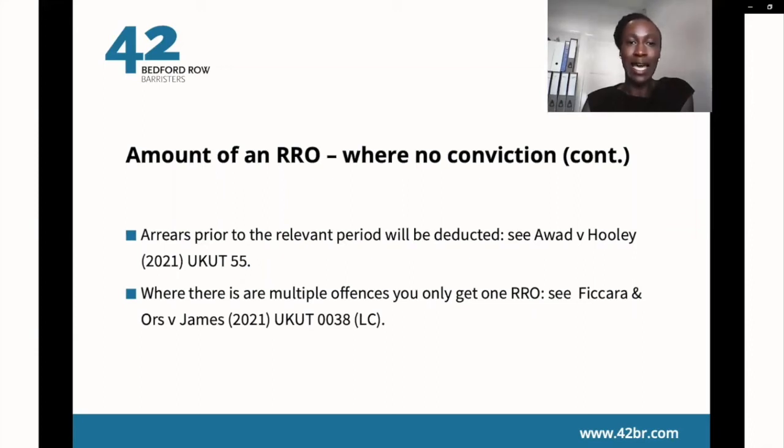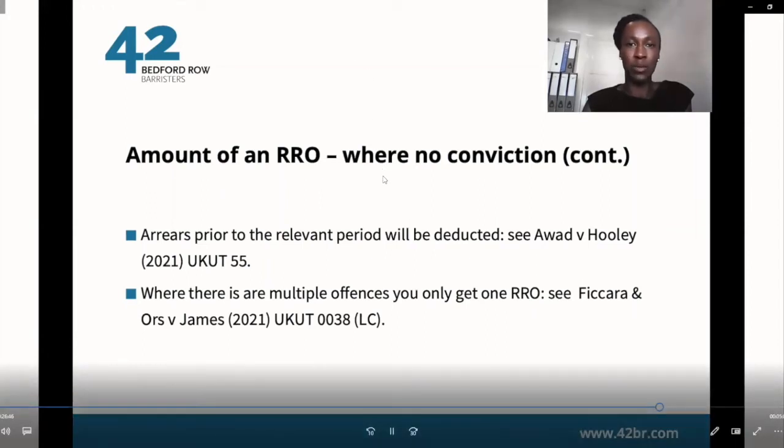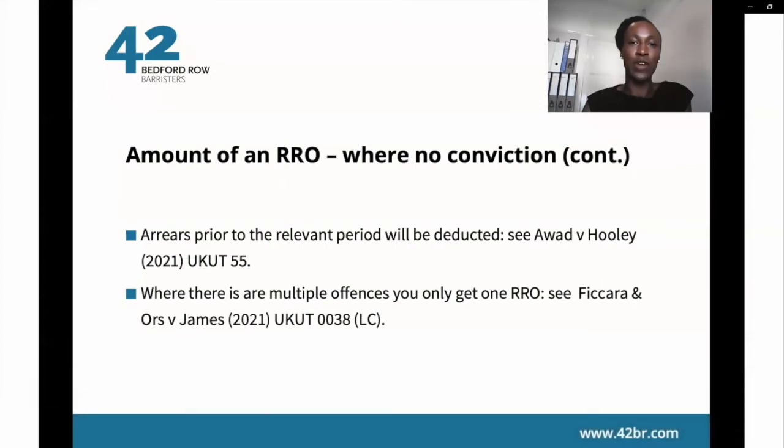In this instance, again, it was an application made by the tenant for a rent repayment order, but it was made because the landlord had failed to license the property. It was made in respect of harassment and illegal eviction. And what the tenants did in this instance is they sought a rent repayment order of 12 months rent in respect of each of the 3 offences.